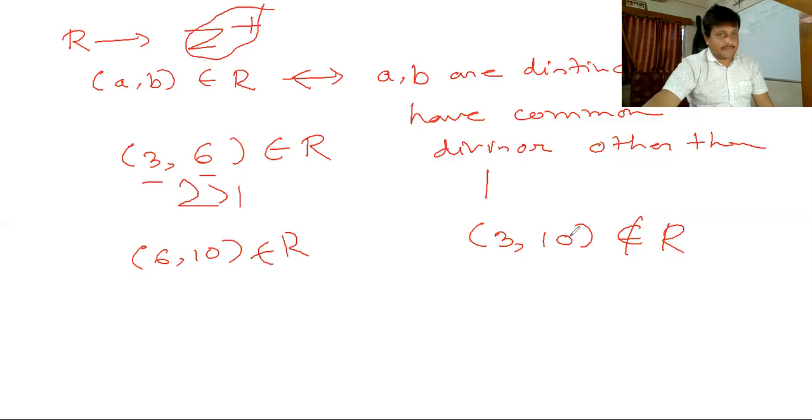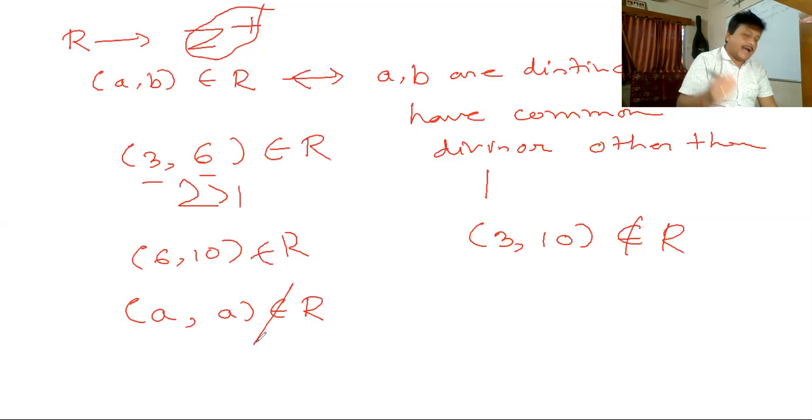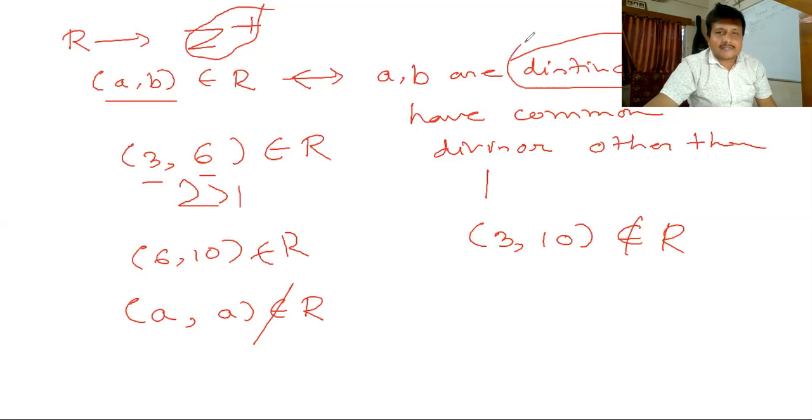Is the relation reflexive? I hope you have already determined that much. The relation is not reflexive as well, because suppose you take any positive integer A, A comma A cannot be in R, because it is given that A comma B belongs to R when they are distinct. So the relation is neither reflexive nor transitive.